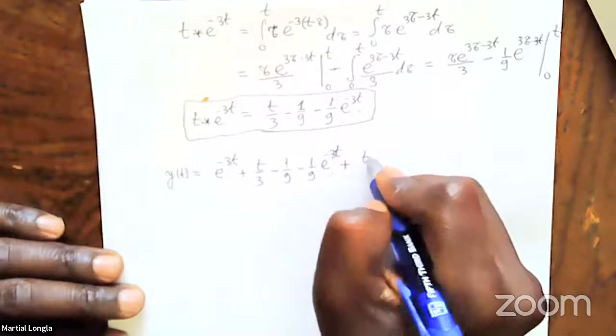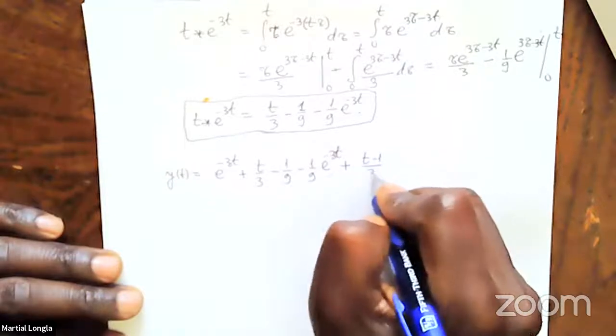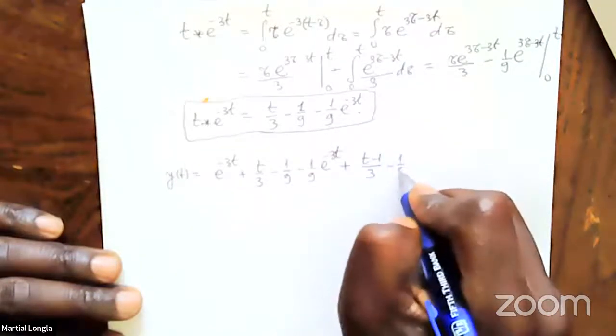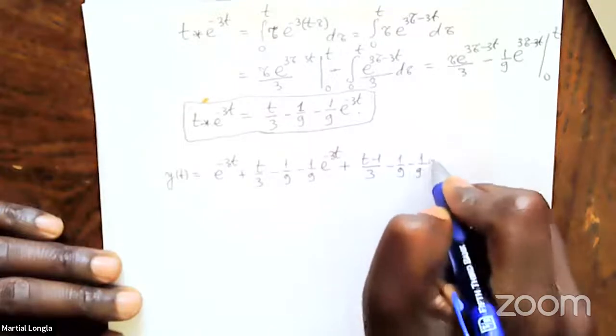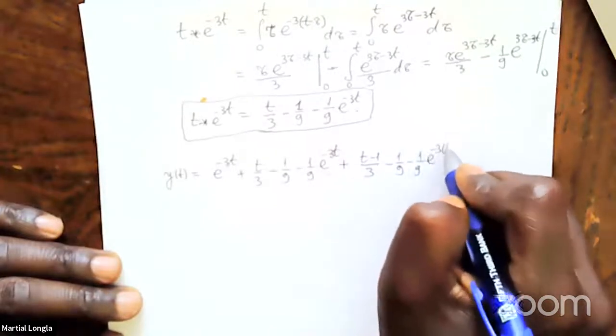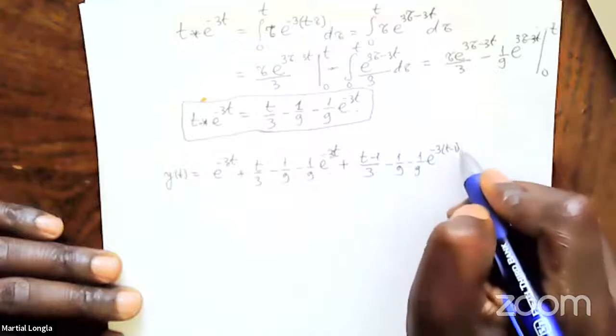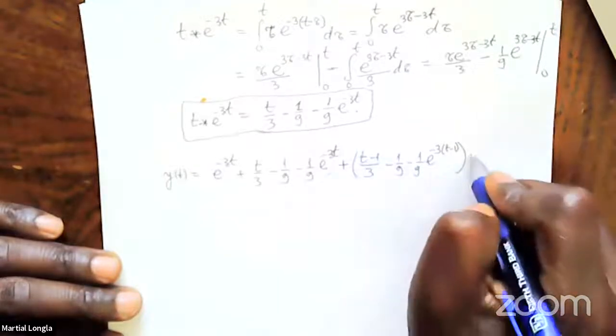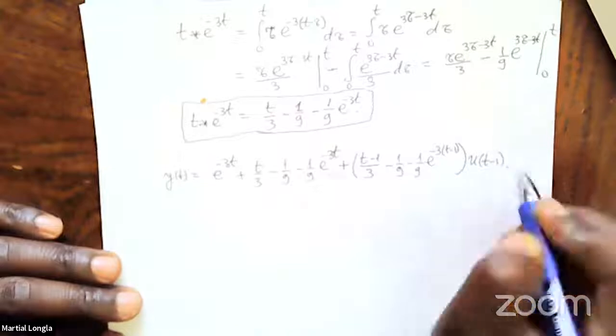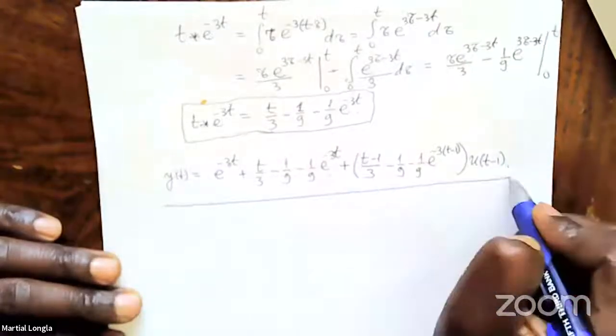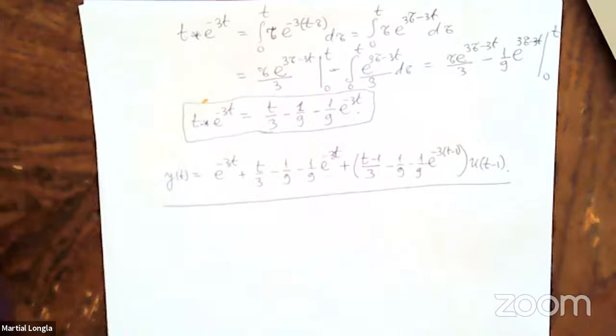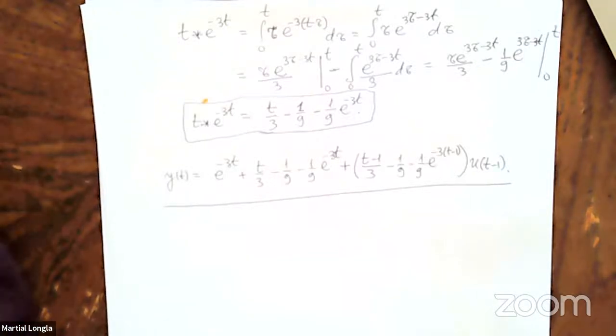That becomes t minus 1 over 3 minus 1/9 minus 1/9 e to the negative 3 times t minus 1. All of that multiplied by u of t minus 1. And that's how you finish that problem. There is still some algebra that can be done in between there, but it's completely unnecessary. Any questions?